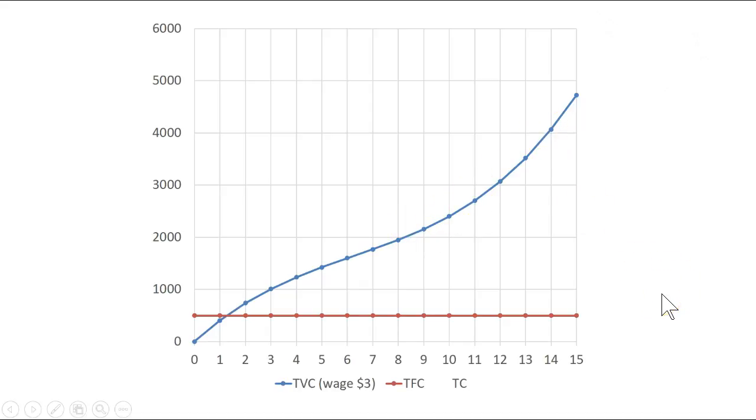Anyway, we need to put in our total costs. Total costs are total fixed costs plus the total variable cost. The machine costs plus the labour costs. So if we take any level of output, this is just samples, say at the 6th unit of output, we take our total fixed costs and add it on top of the total variable cost.